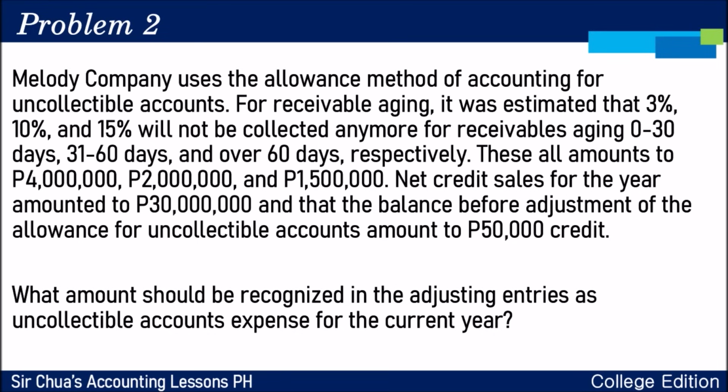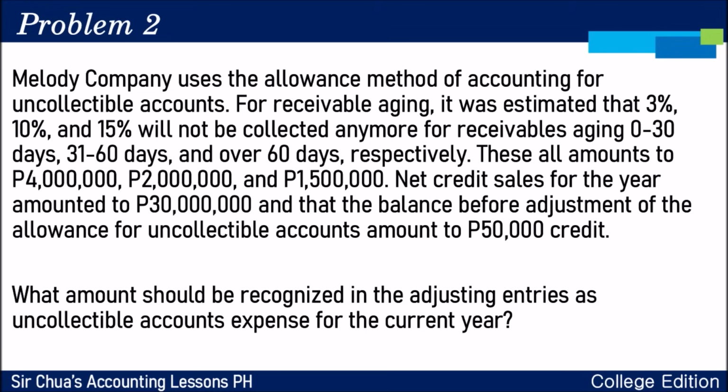These all amount to 4 million, 2 million, and 1,500,000. That's also respectively. Net credit sales for the year is 30 million and the balance before adjustment of the allowance for uncollectible accounts amounts to 50,000 credit balance. So pag tinignan nyo daw po yung allowance for uncollectible accounts T account before adjustment, may nakalagay po sa credit or credit balance niya 50,000 na.